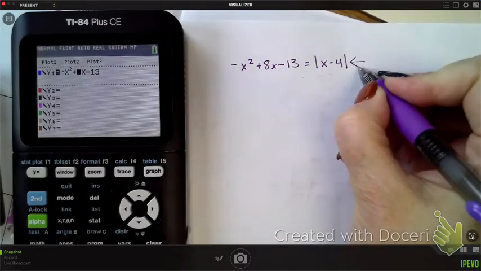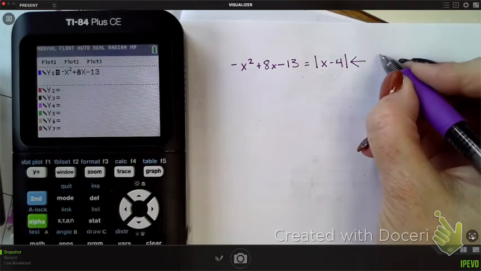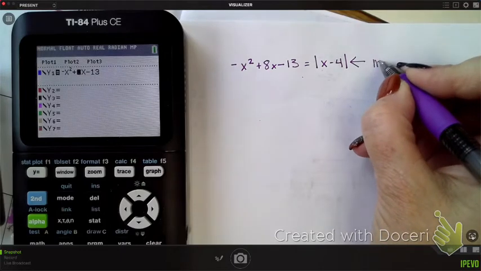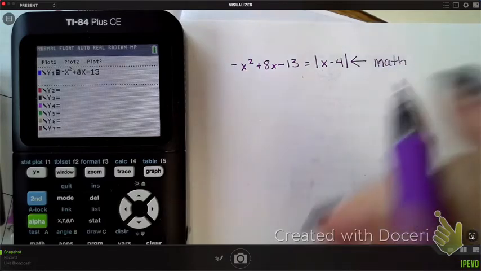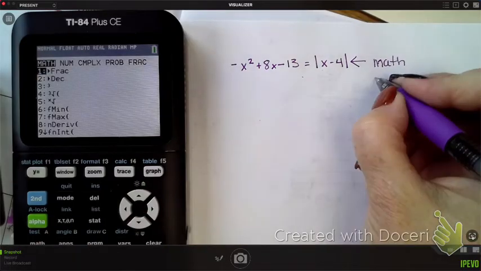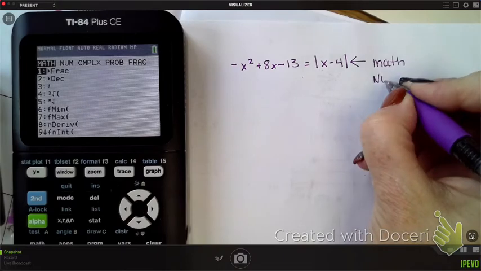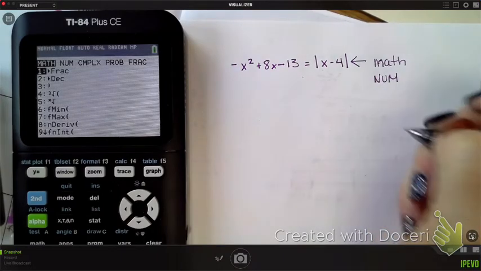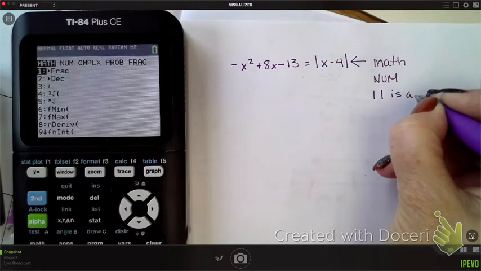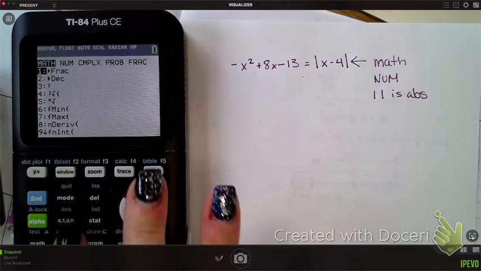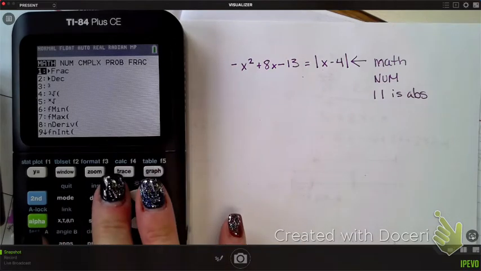To get the absolute value, you hit math. You hit number. And absolute value is ABS. Do we type in the absolute value on this y second?